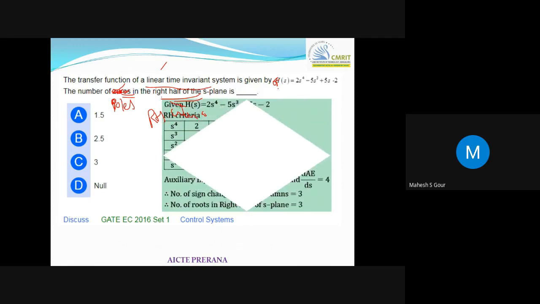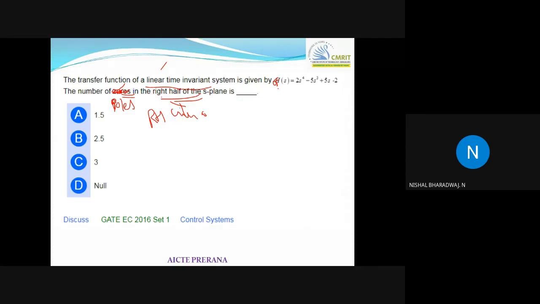Sir, to do this problem, there's no other shortcut? We'll have to go through that multiplication thing and check the number of sign changes. You can do that, but here the problem is it is fourth order. You should know how to find roots, no? See, if it was s square plus 2s plus 1, or s square plus 5s plus 6, till here you can solve.